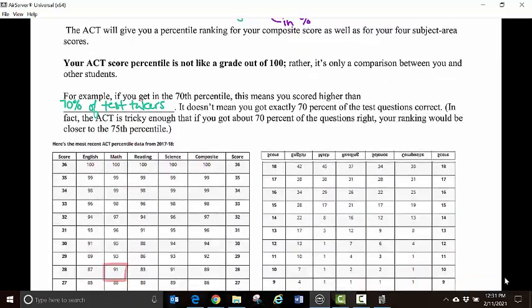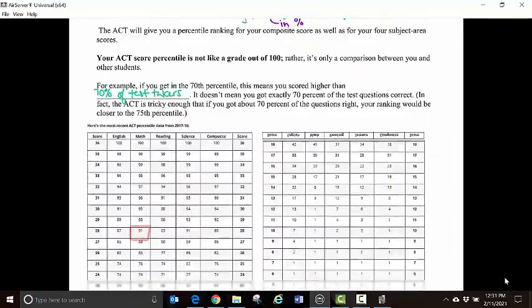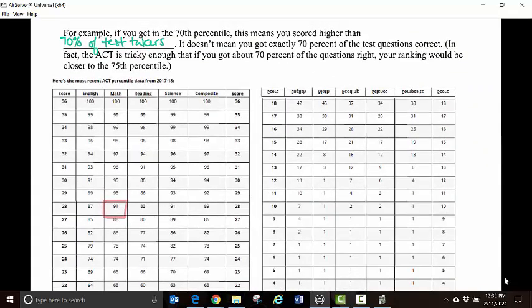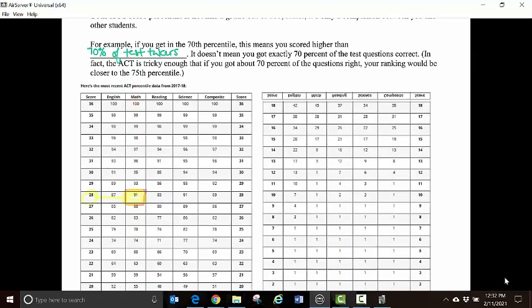So, if I looked at this, Harvey Husky earned a 28 on the math portion of the ACT. What is the percentile? So, you can get these for every year. He got a 28 on the math section. That would give him the 91st percentile. That means he scored as good or better than 91% of the other people that took this test.